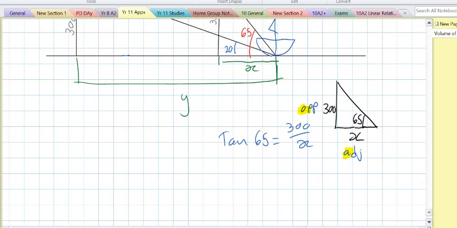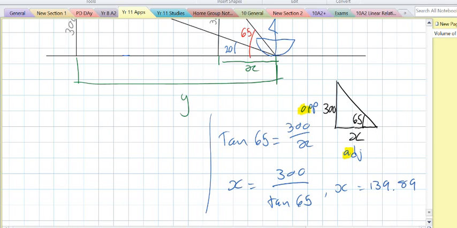So now you can think about the tan 65 and the x swapping places. So x equals 300 over tan 65. Yep, 0.89. Now take our y triangle.